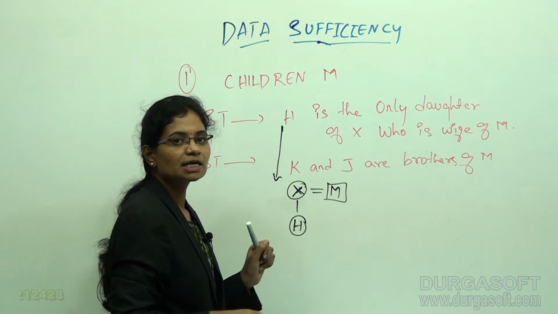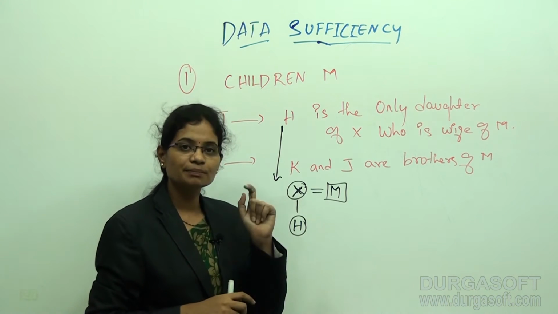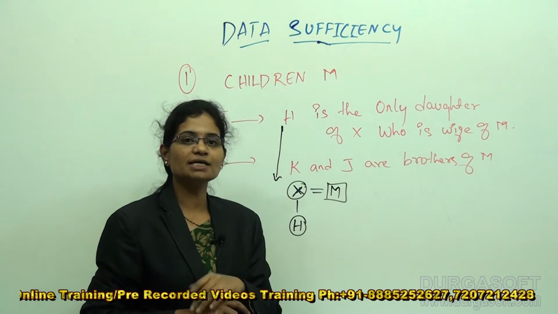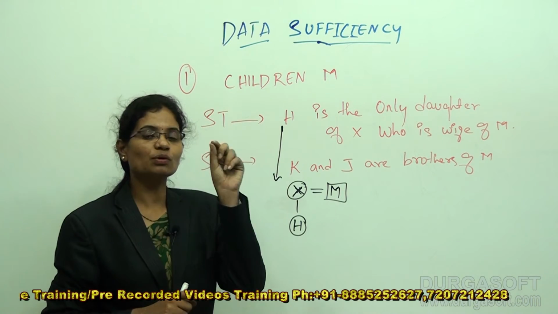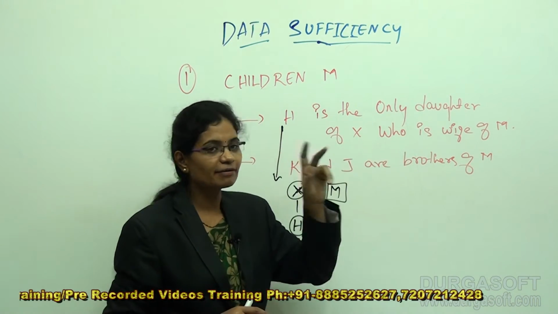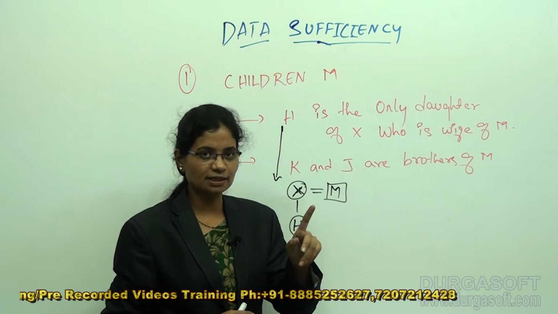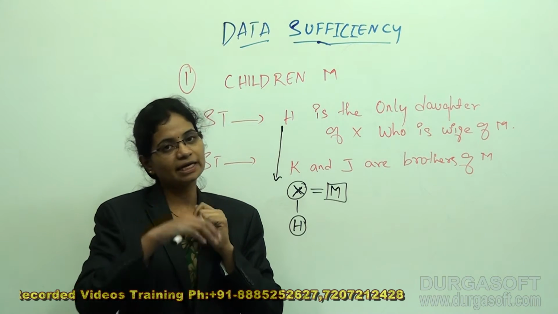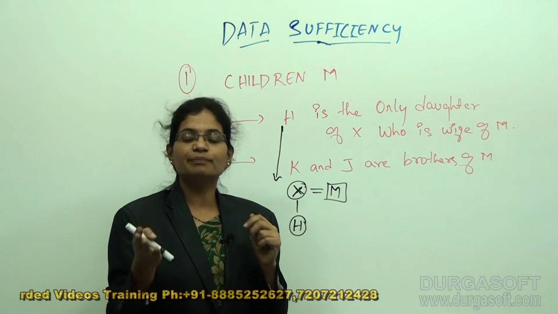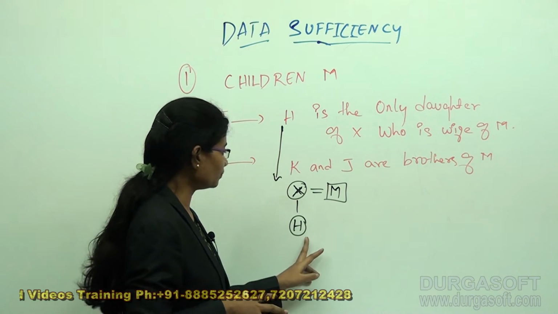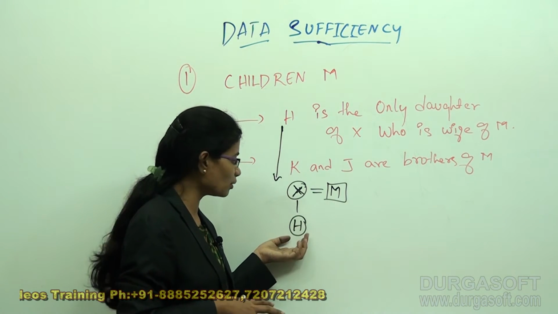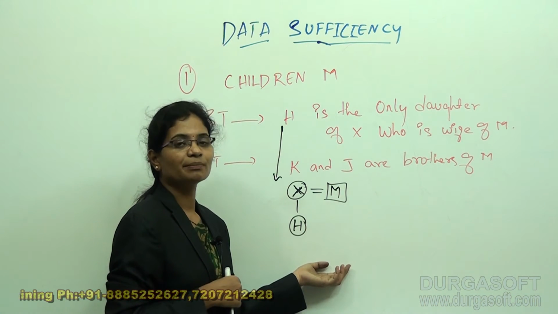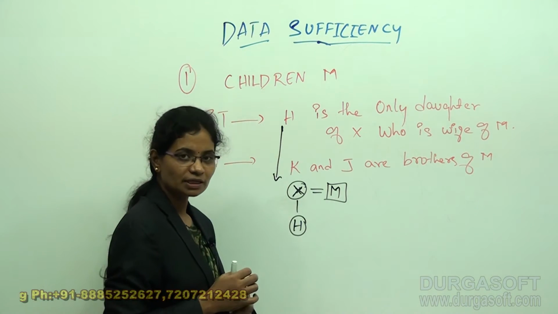Only daughter means the couple has only one girl child, but there may be male children also. If it is given as only child, that means the couple has only that one child. Here it mentions only the female child, and we did not get information about male children. So statement 1 alone is not sufficient.